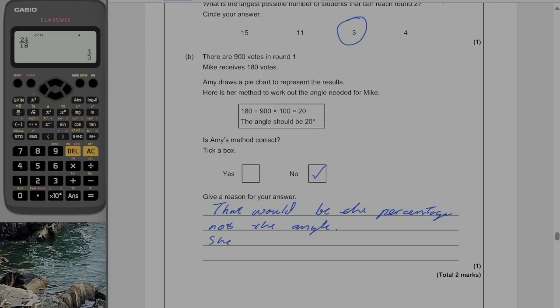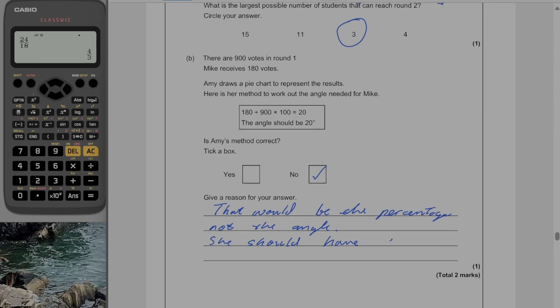She should have done 180 divided by 900 times 360, and we'll even put in what that should be: 72 degrees.